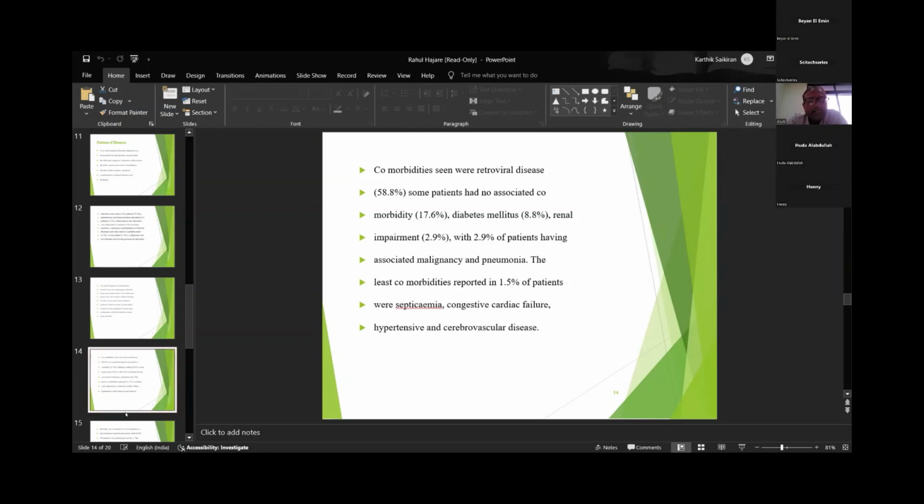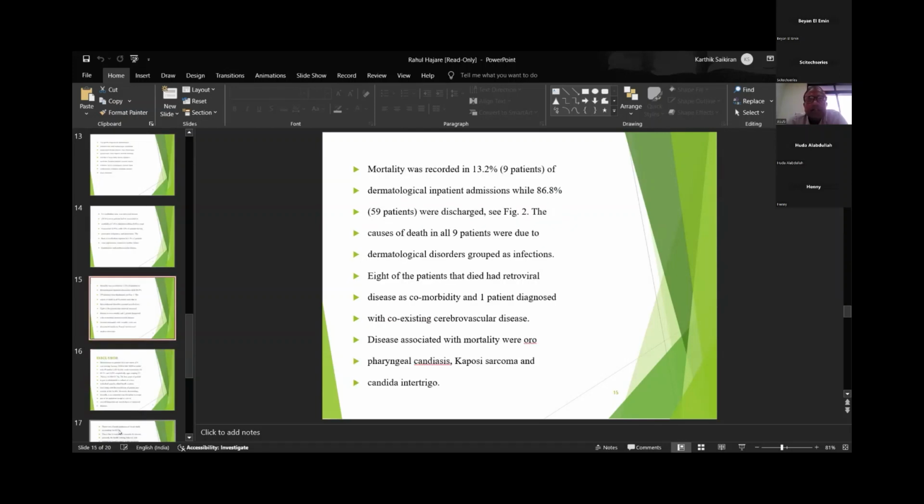Please, next slide. Mortality was recorded in 13.2%, I have found, in 9 patients of dermatological inpatient admissions, while 86.8%, that is 59 patients, were discharged.